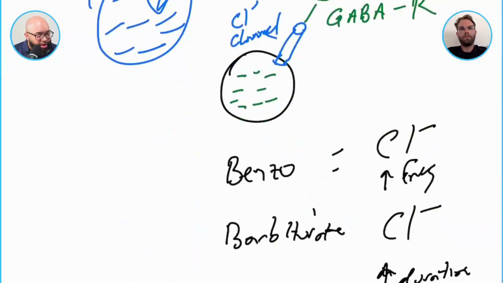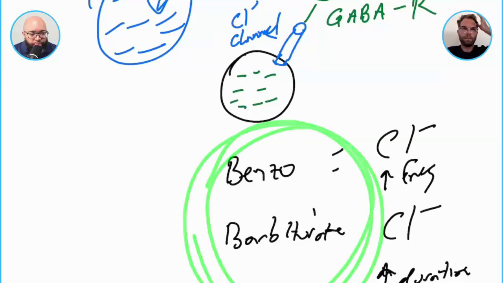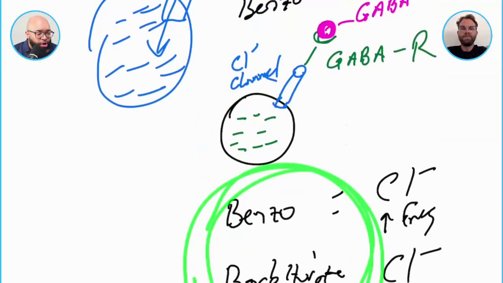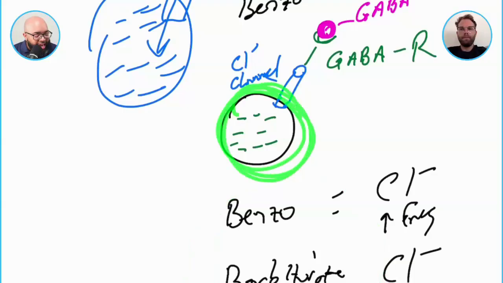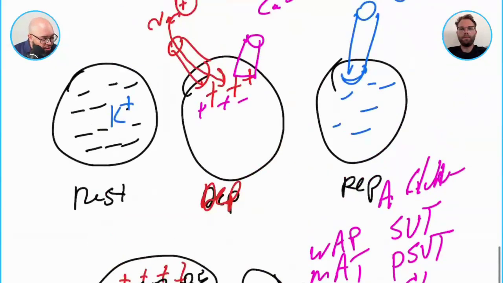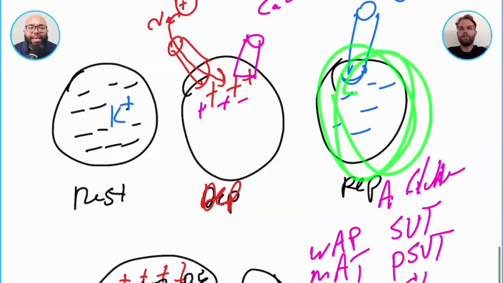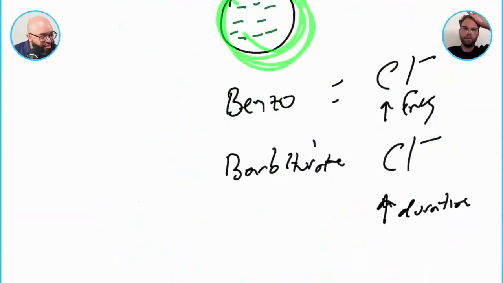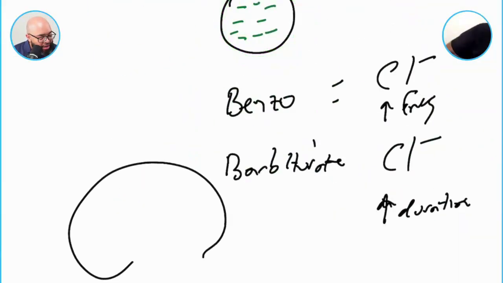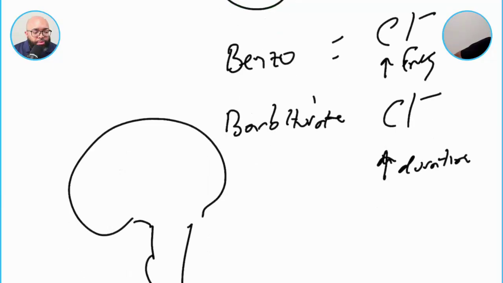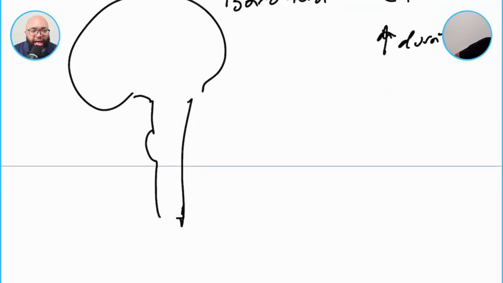Let's say I give either one of these drugs. Well, now let's say I cause a whole bunch of negative, and the word for that is called repolarization. Let's say I cause a whole bunch of negative now in the brain. But let's say I have a lot of repolarization that happens in the brain stem. Oh yeah, that's where my respiratory center is.